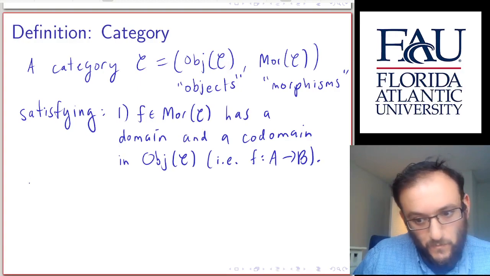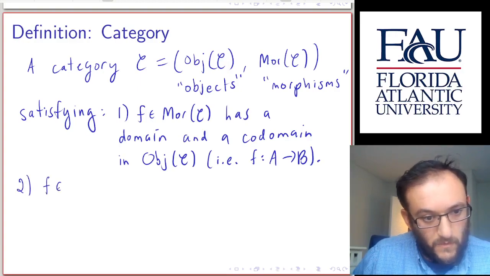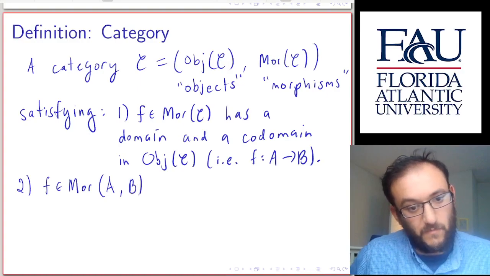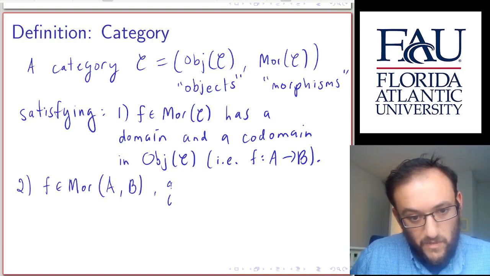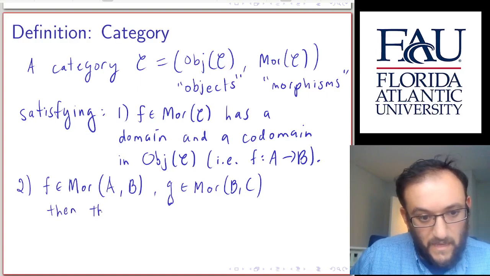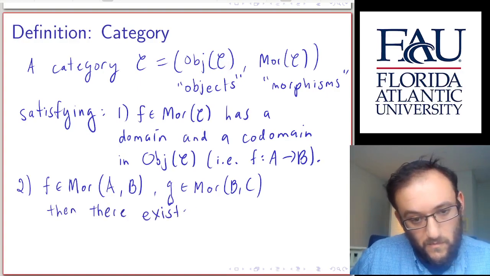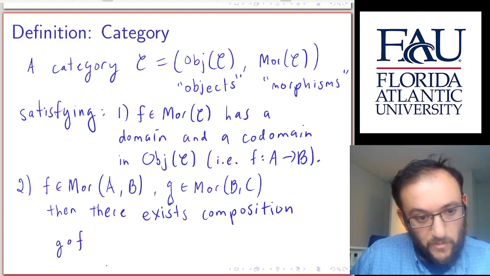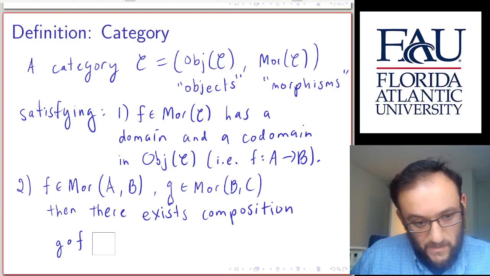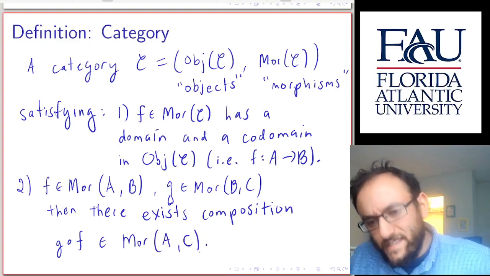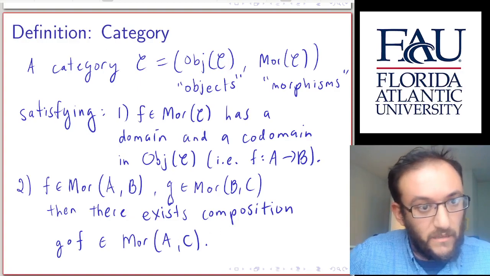Okay, if you have some f which maps A to B, and some g which maps B to C, then there is a composition, g performed after f, which is contained in the morphisms from A to C. So you have to be able to compose maps as long as their codomain and domain are appropriately matching.